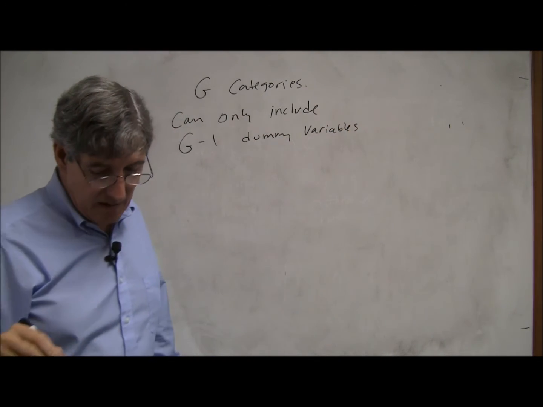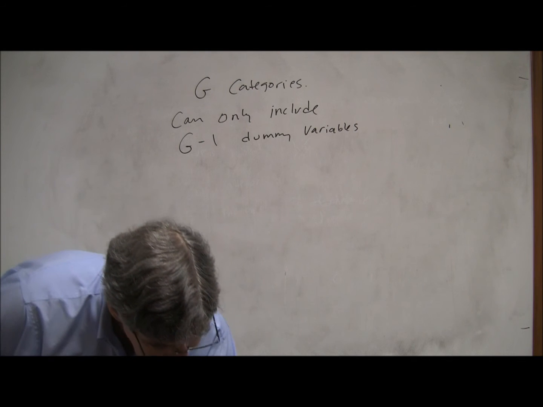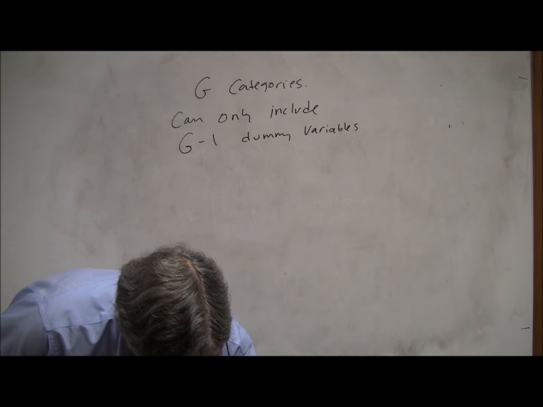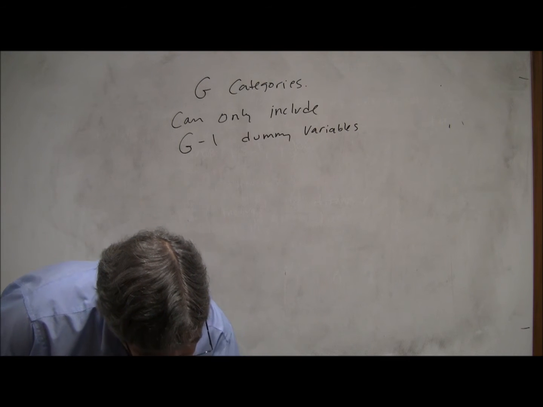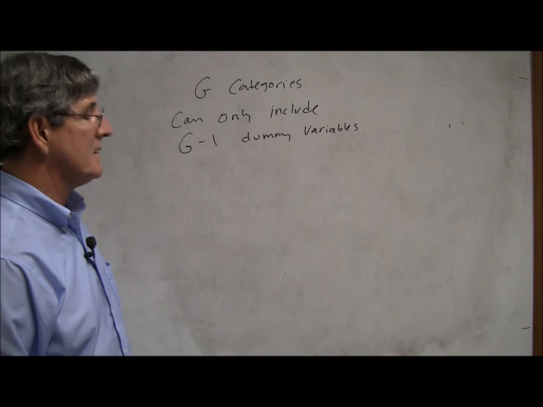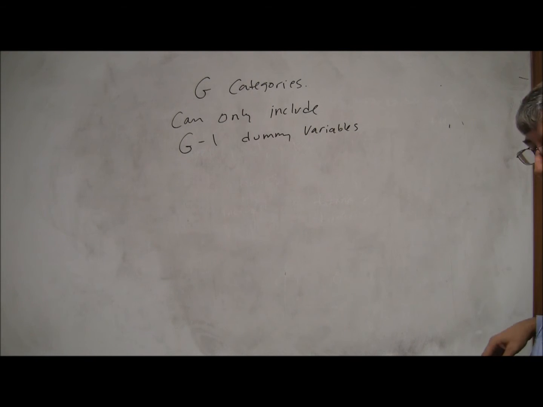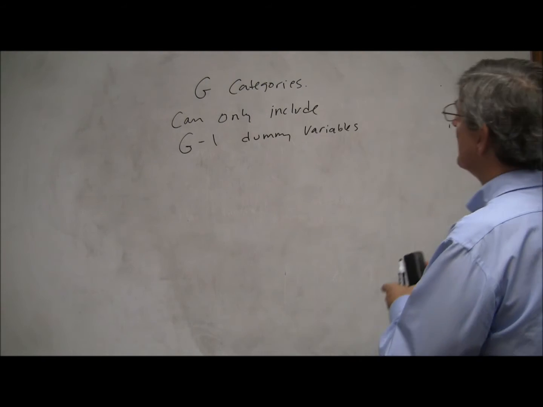Otherwise, you'll have the dummy variable trap. You'll have perfect multicollinearity. What happens is that the one you exclude gets absorbed into the constant, and that becomes your baseline.